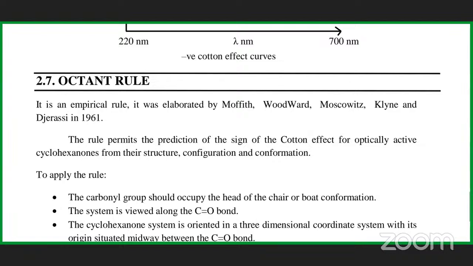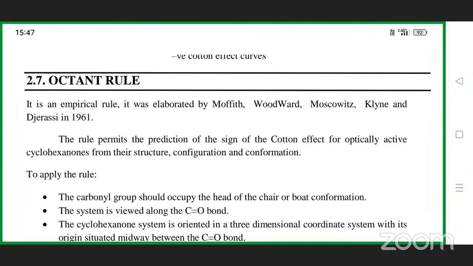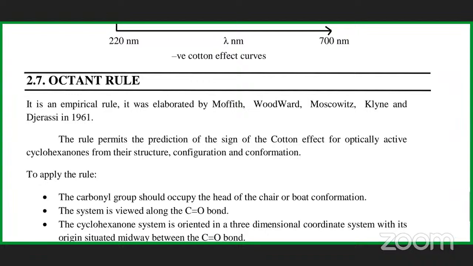Generally the octant rule is a combination of circular dichroism and circular birefringence: CD plus CB equals CE. It was proposed by various scientists like Moffitt, Woodward, Klyne and Djerassi, 1961. All these scientists worked on this and proposed the octant rule.